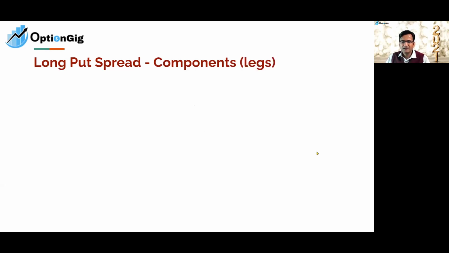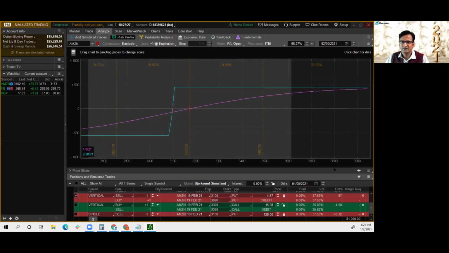So let's look at the other one, which is the long put spread. Short put is a bullish strategy. Now if you want to play along with high value tickers, you could use spreads. The maximum amount of capital that gets blocked in this is equal to the width of the spread.